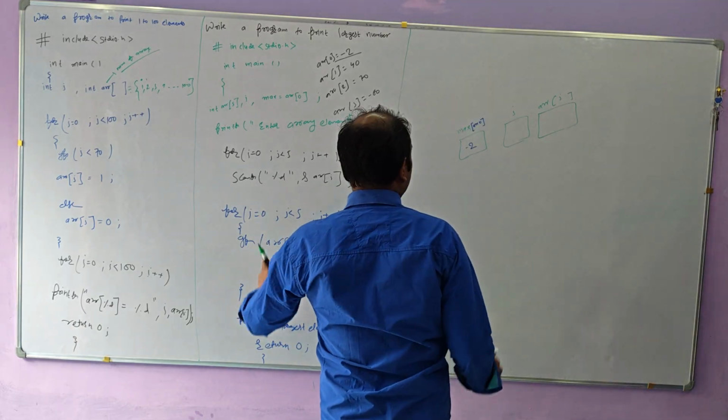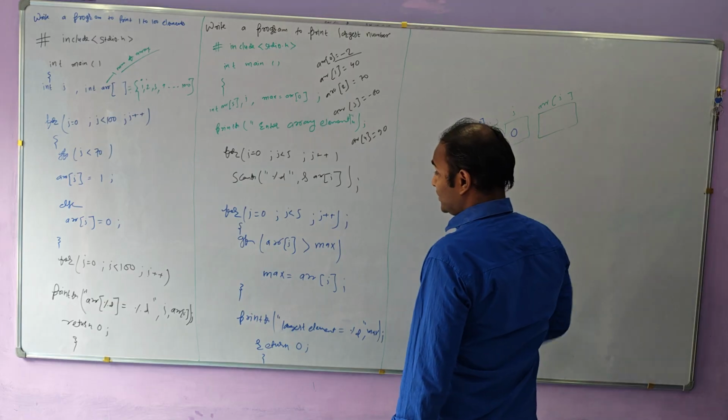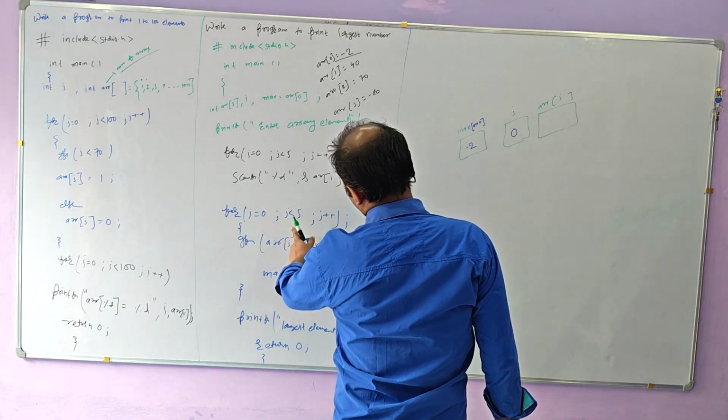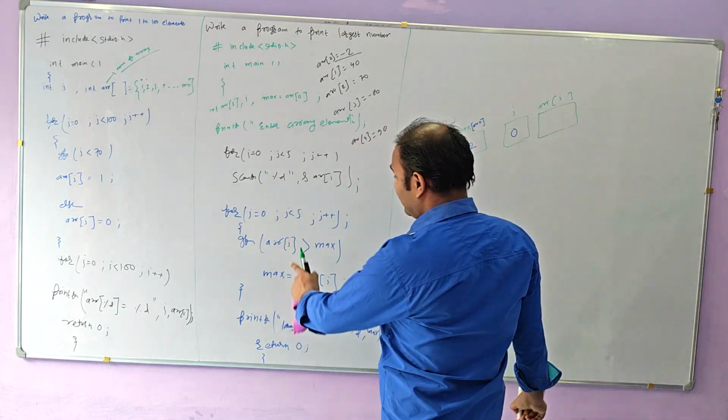Okay, I is equal to 0. 0 is less than 5. Yes, 0 is less than 5.